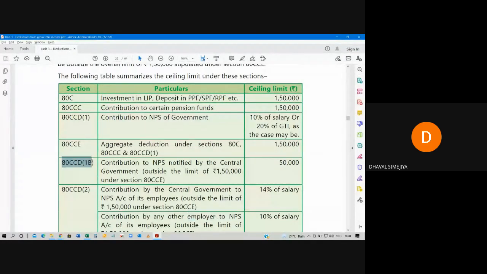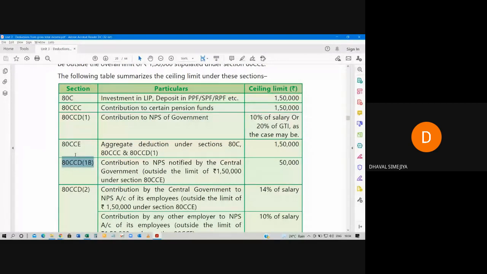1B is an extra benefit. Look, 80CCD1 is 1,50,000 rupees. Let's say, for example, you have invested in PPF. PPF will be covered in 80C. You have invested 1,50,000 rupees, so now your limit is blocked. Your limit is no more available. But you have invested in an NPS account also. So what to do? You have 50,000 more available under section 80CCD subsection 1B. You have one more option available.